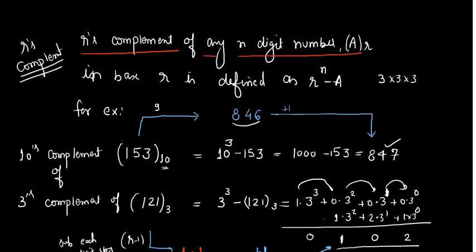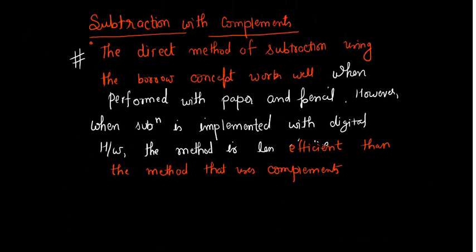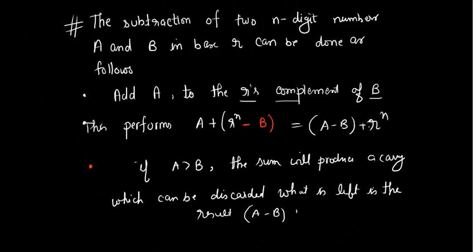So as we said, we will do the subtraction with the help of R's complement. We want to subtract two numbers of n digits in base R, and then we have to follow these three steps.